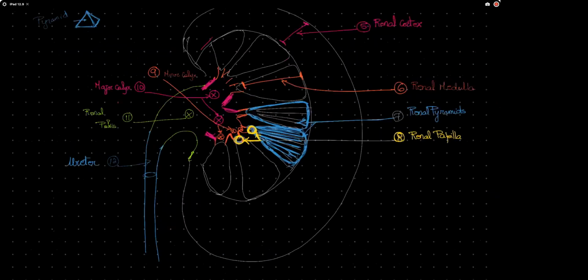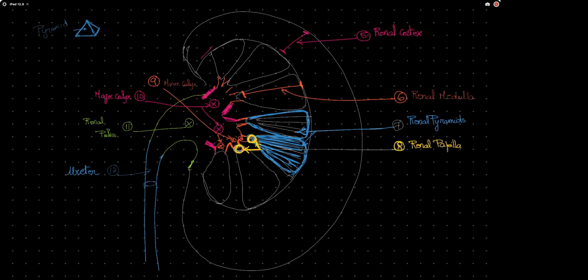Any questions concerning the structure here of the kidney? This is going to be one of the most important diagrams for the upcoming lab exam. This is one of the most important diagrams for the urinary system lab exam.